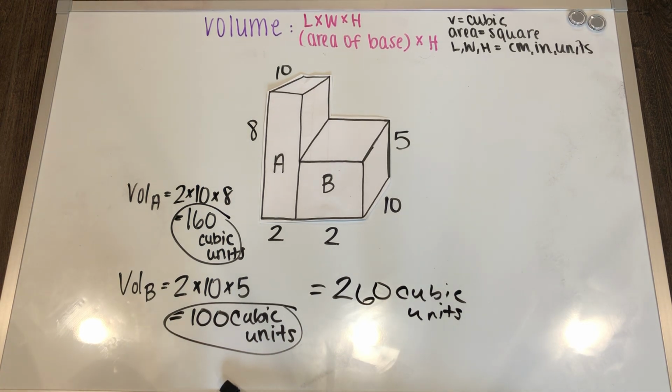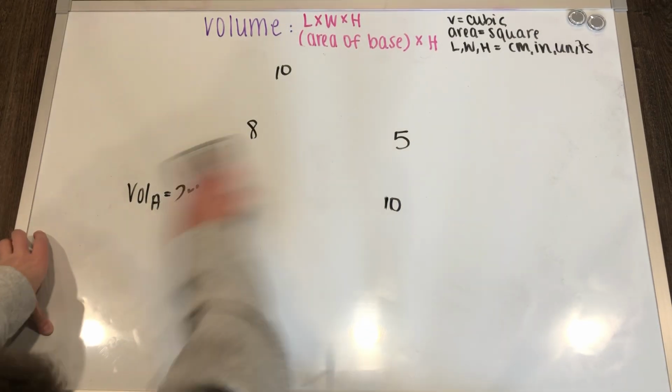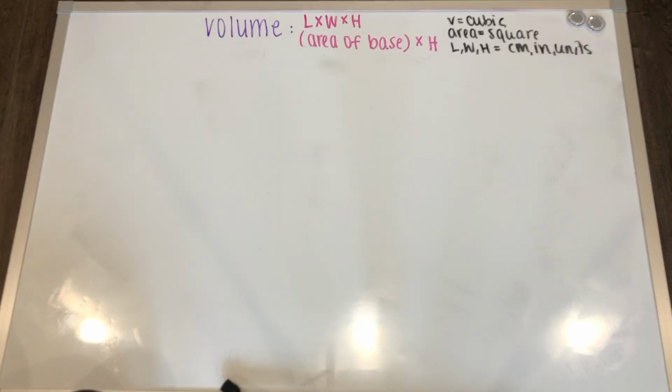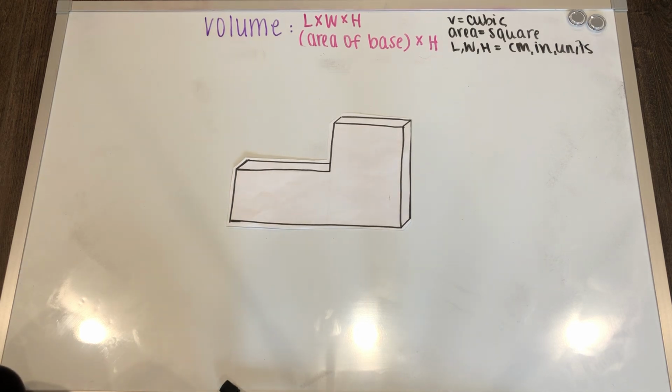Okay. Now you may be given some prisms that won't be given a certain measurement, and you have to figure out what that measurement is. So let's say we're given this. They haven't split it into anything. It's just a composite prism.